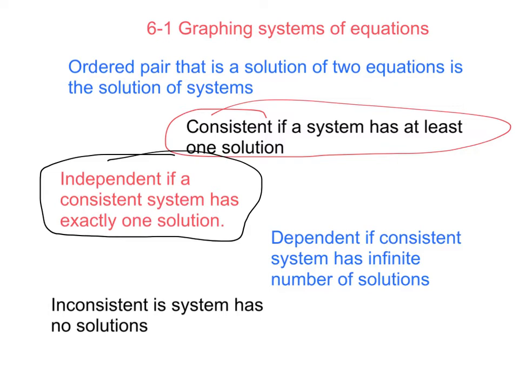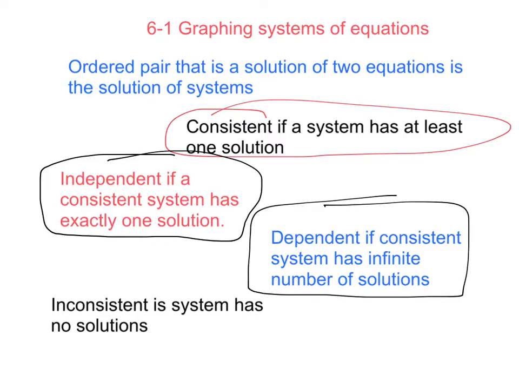It is dependent if it's a consistent system, but it has an infinite number of solutions. And it's an inconsistent system if there are no solutions. So the kind of lines that you may see for dependent would be two lines that lie upon each other, and inconsistent would be two lines that never touch each other.